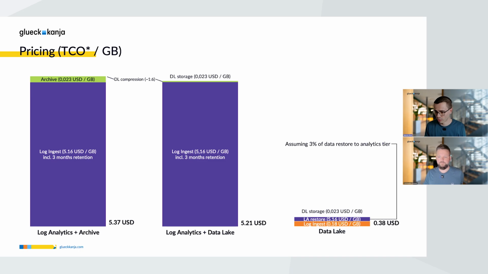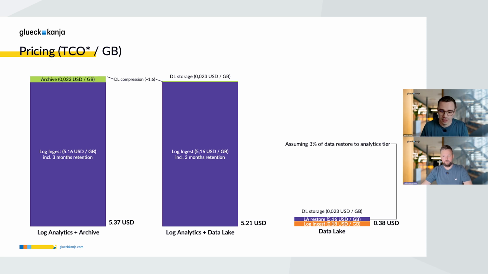But even if you talk about 5% or maybe 10%, you can see that the costs are currently in this example like 40 cents. And even then, you have detections on your data. But of course, you need to know which data you are ingesting and which data you need to re-ingest into the analytics tier. So this is an interesting question, of course, but you can see there are possibilities to save some money.